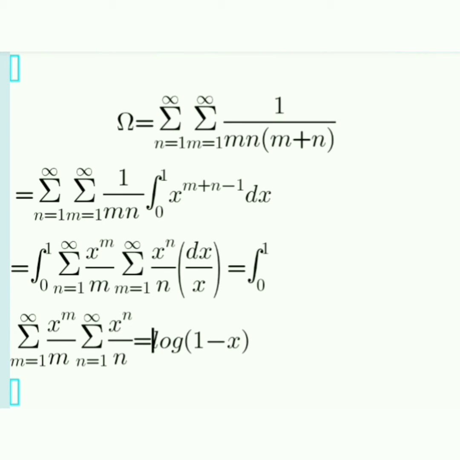It will become log square, because minus into minus is plus, so it is log square of 1 minus x.